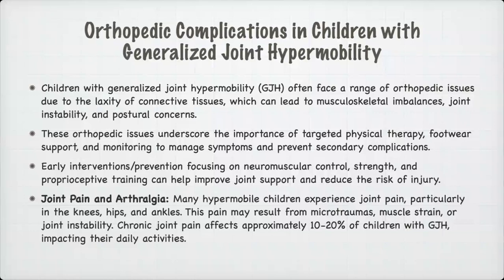Many hypermobile children experience joint pain, particularly in the knees, hips, and ankles, and this needs to be addressed because microtraumas, minor muscle strains, and minor joint instability can lead to chronic pain over time. Chronic joint pain affects approximately 10 to 20% of children with joint hypermobility, and it really impacts their daily activities.